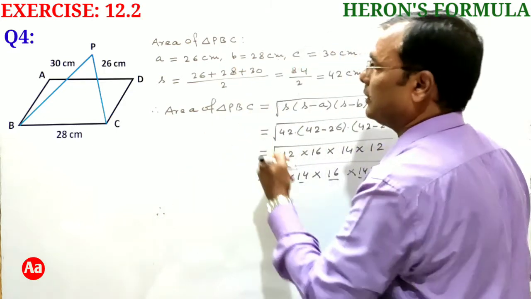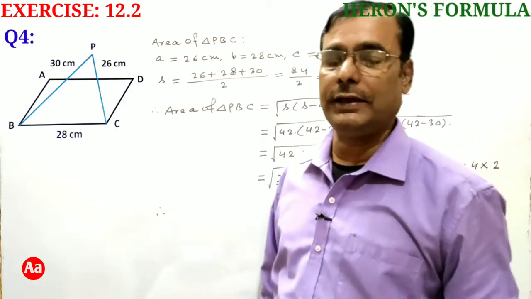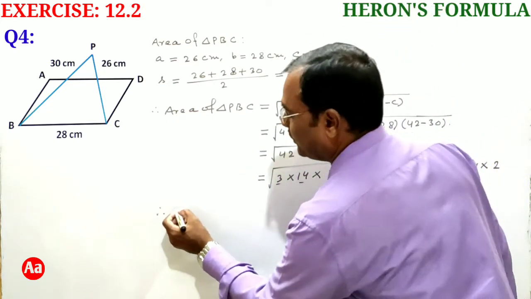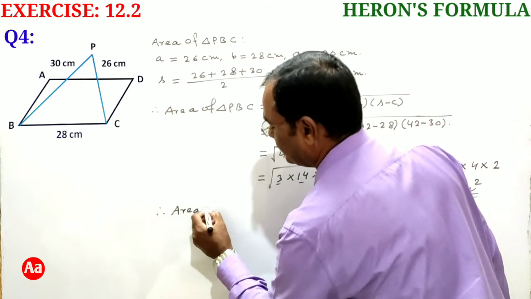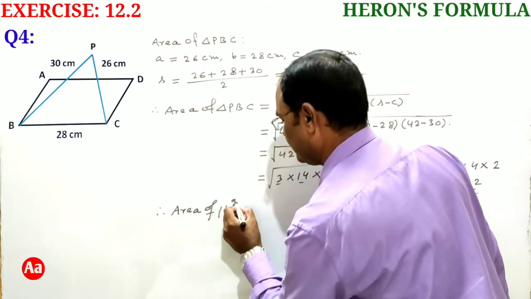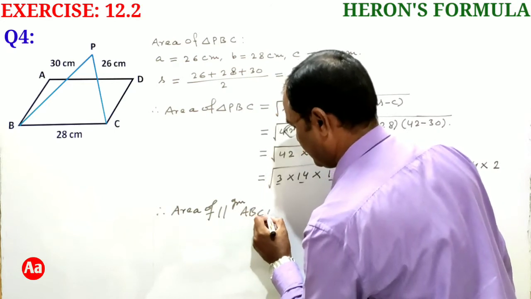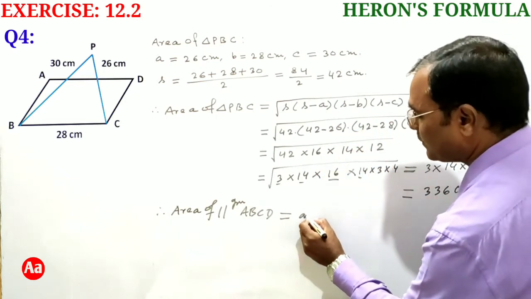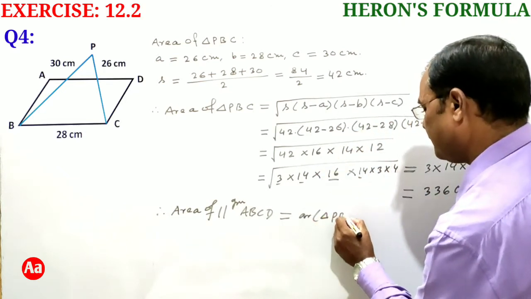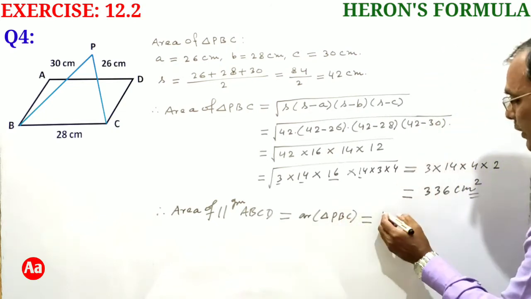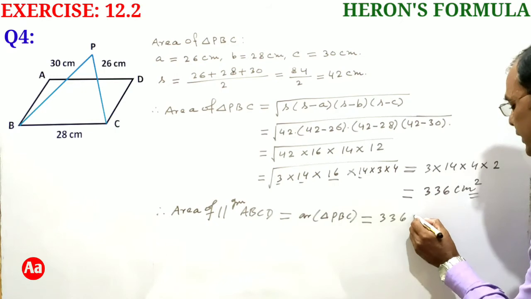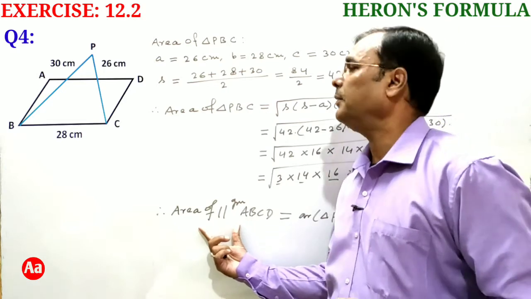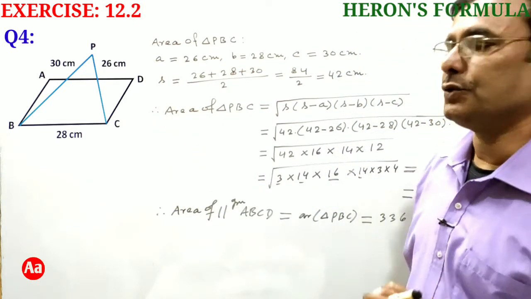Therefore, as it is given in the question that area of triangle and area of parallelogram are equal, area of parallelogram ABCD is equal to area of triangle PBC, which we have calculated, 336 centimeter square. Area of parallelogram, we know it is base into height.